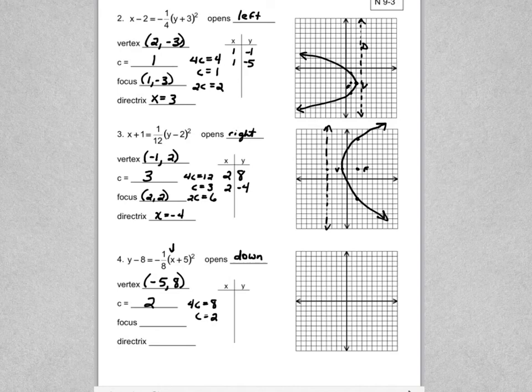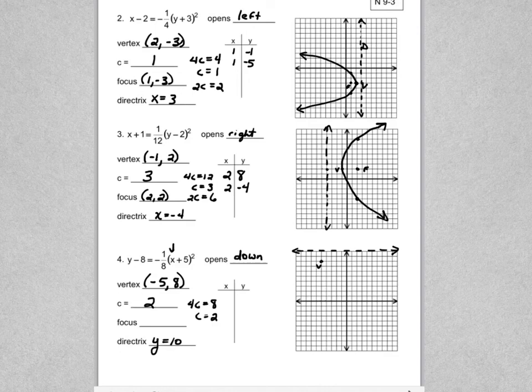So we go negative 5, 1, 2, 3, 4, 5, and up here to 8. And that's the vertex. It's going to open down, so behind it, way up here at y equals 10, is going to be the directrix. And again, it's horizontal, so that one's a y equals line.